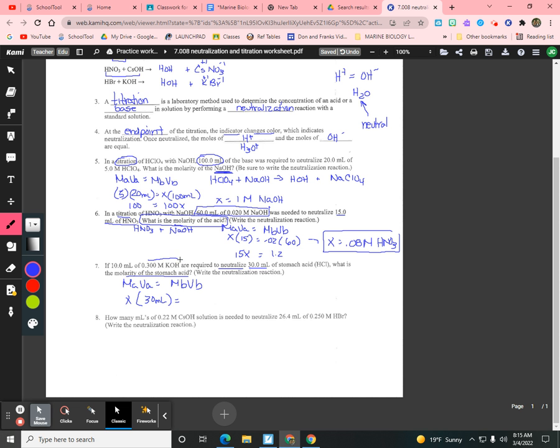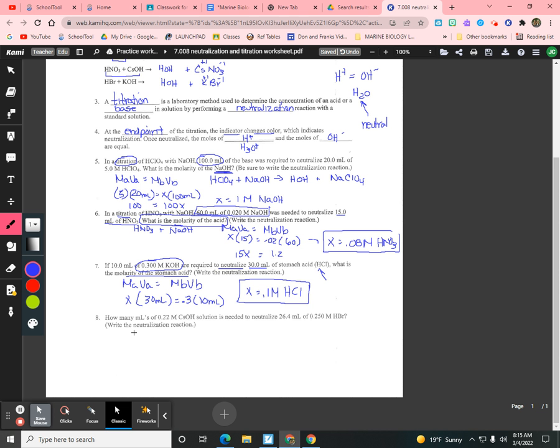The molarity of my base is 0.3, and the volume is 10 milliliters. 10 times 0.3 is going to be 3, and then I'm going to divide that by 30. And I'm going to end up with X equals 0.1 molar stomach acid, and they tell us stomach acid is hydrochloric acid, so that's my answer.